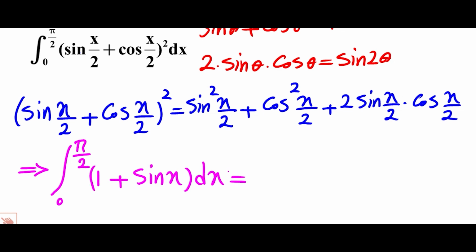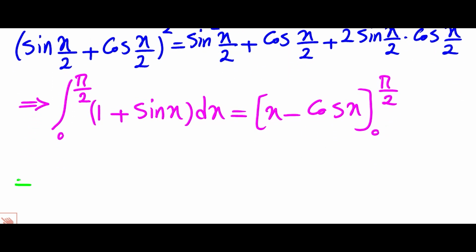dx, right? So as you know, the integral of 1 is x and the integral of sine of x is negative cosine of x, from 0 to pi over 2, right?